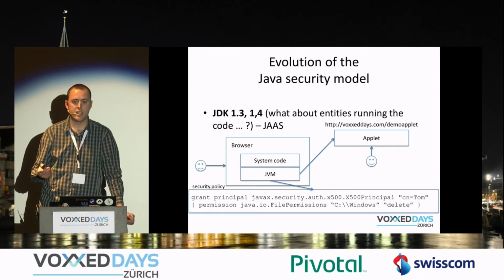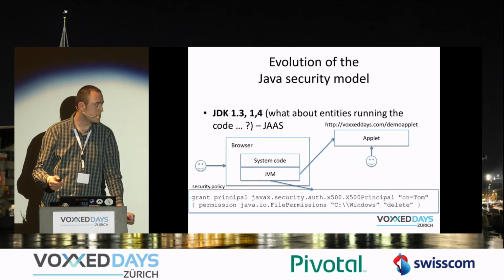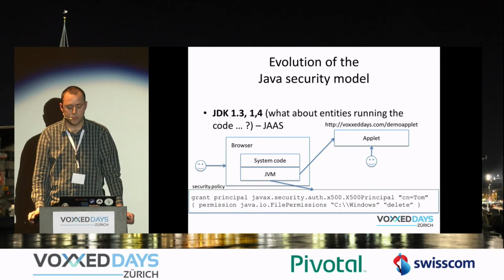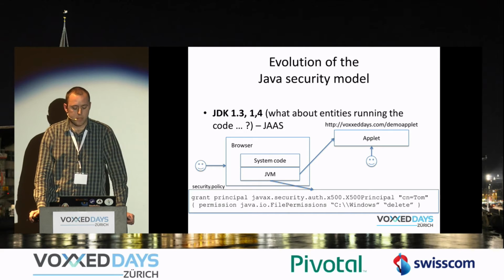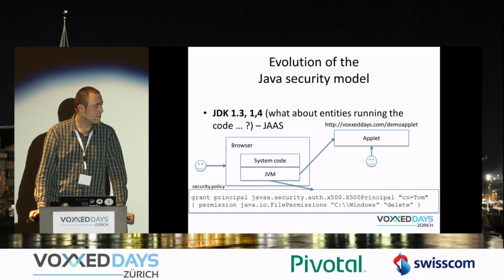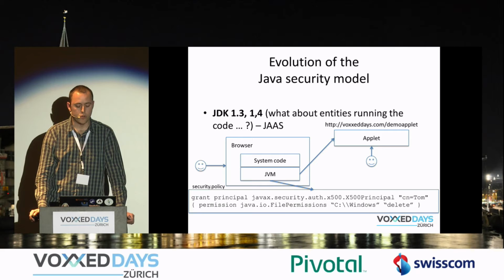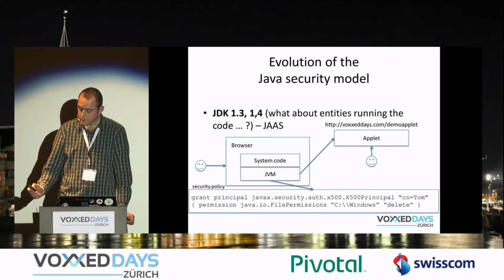One user can have one or more principals that specify one or more attributes of the user, for example a username, an email address, and so on. In this particular example, the attribute is the name of the user. By that attribute, we specify that the user running the source code, or the JAAS subject, has the ability to delete the C Windows folder.